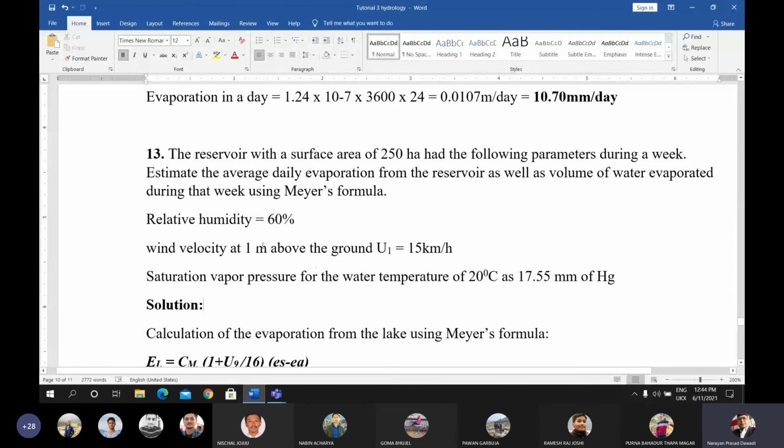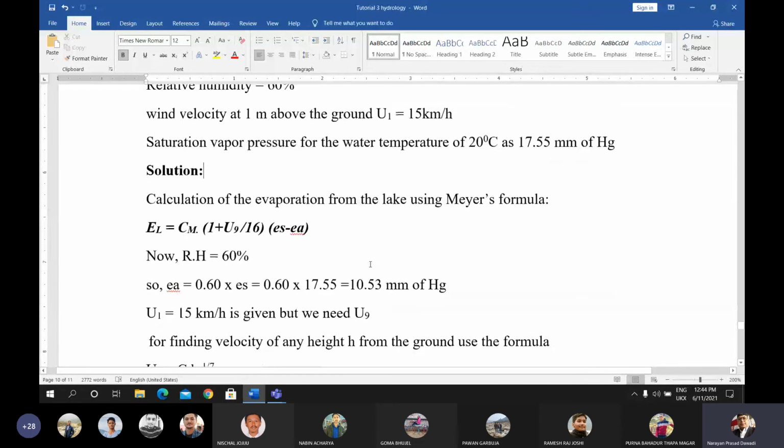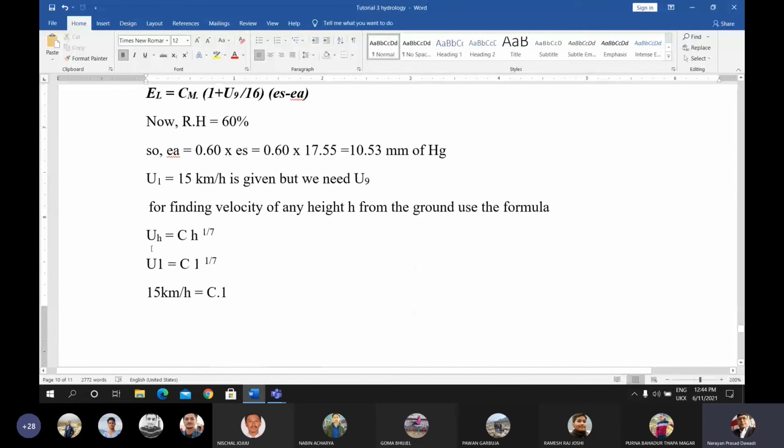But from this 1 meter above the ground surface, this velocity can be converted into 9 meter above the ground surface by using the relation UH is equal to C H power 1 by 7. This is the equation. If H value is 1, then U1 is equal to C 1 power 1 by 7. If H value is 2, U2 is equal to C 2 power 1 by 7.